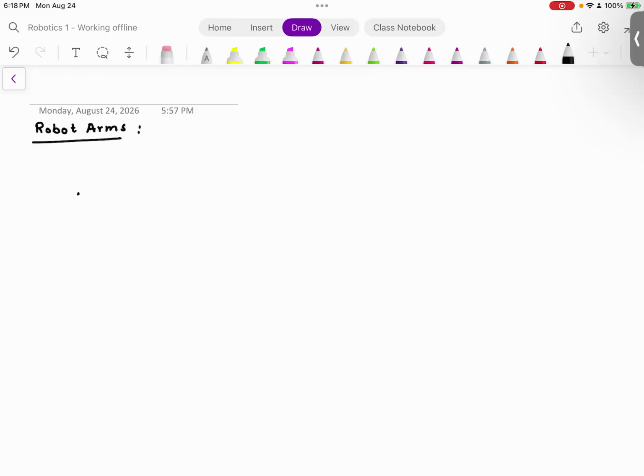A typical robot arm would look something like this. So you would have a base, then you are going to have link number 1. You are going to have link number 2. You can have multiple links, and at the end, maybe you have a claw.